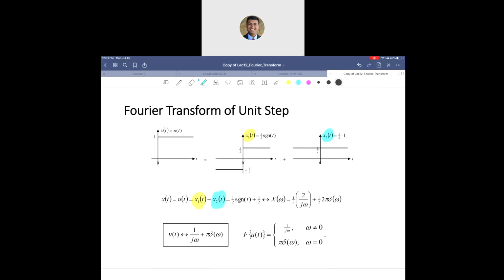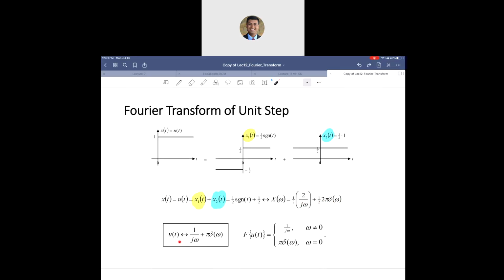which is half sine t and half times 1, its Fourier transform will be half times 2 divided by j omega, that was the Fourier transform of the sine function, plus half times 2 pi delta of omega, that is the Fourier transform of 1 from before.